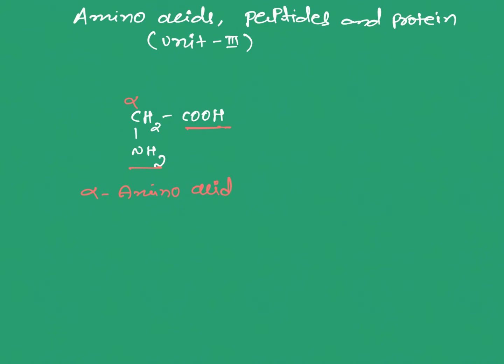Let's take another example. Here, next to COOH, this carbon is the alpha carbon, this carbon is the beta carbon, and this is an example of a beta amino acid.